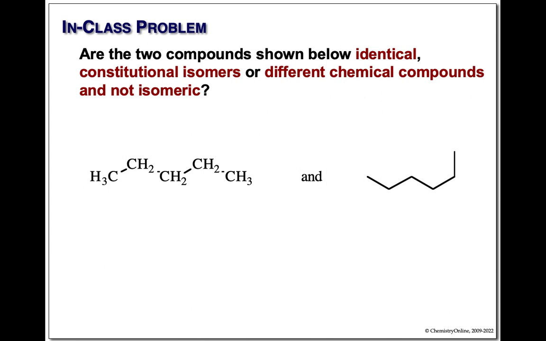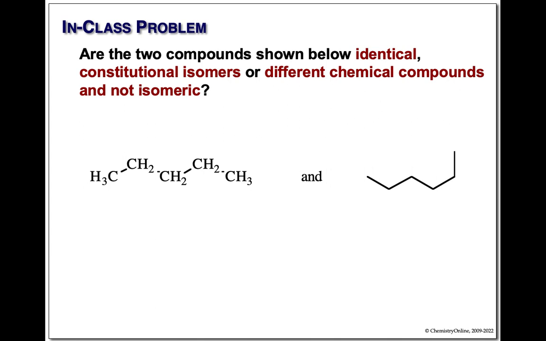Here I have 2 compounds. Are they identical? Are they different compounds and not isomers at all? Or are they constitutional isomers? Simplest thing to do here is just to come up with your longest chain.